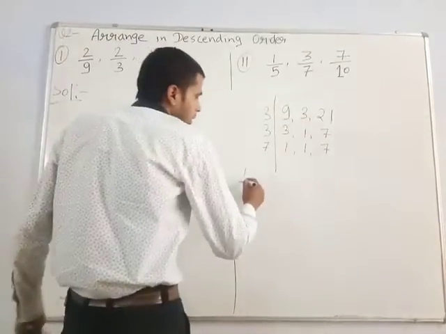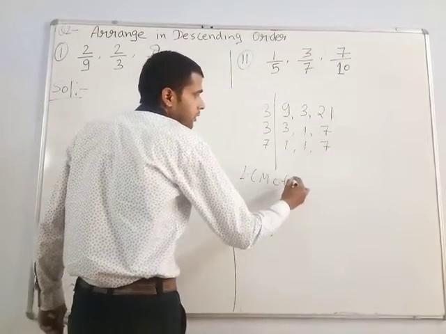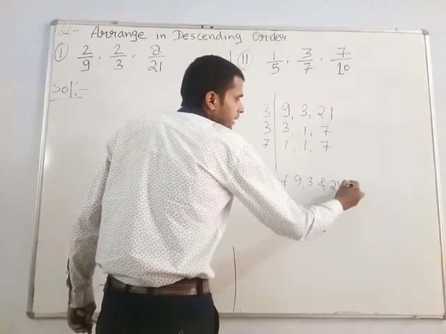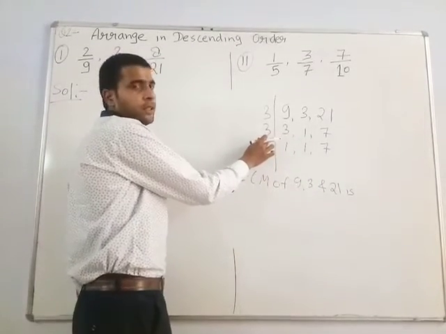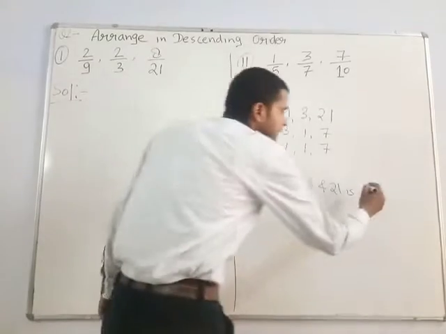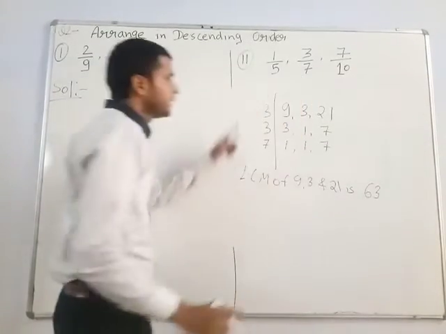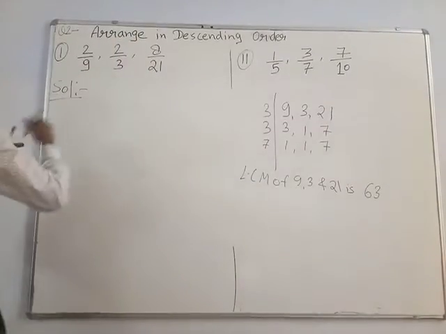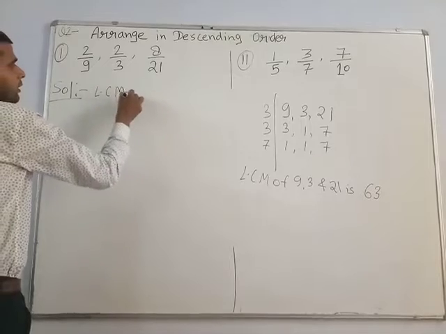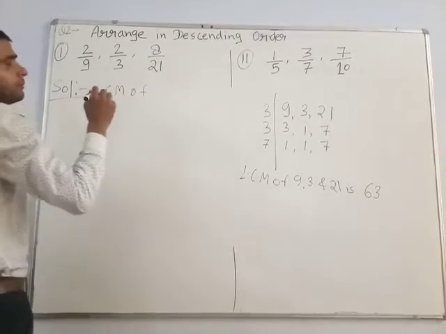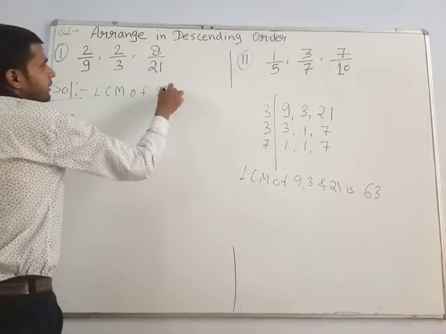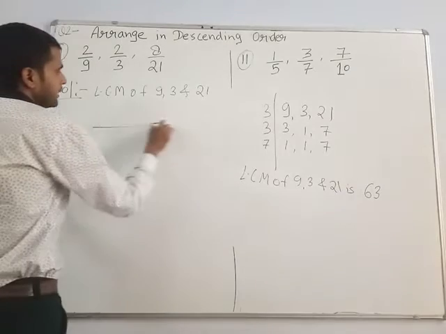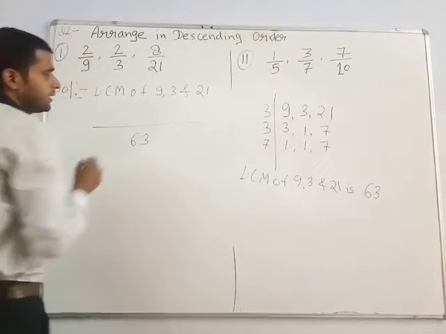So LCM of 9, 3 and 21 is 3 times 3, 9, 9 times 7, 63. So you have to take LCM of 9, 3 and 21, that is 63, right?